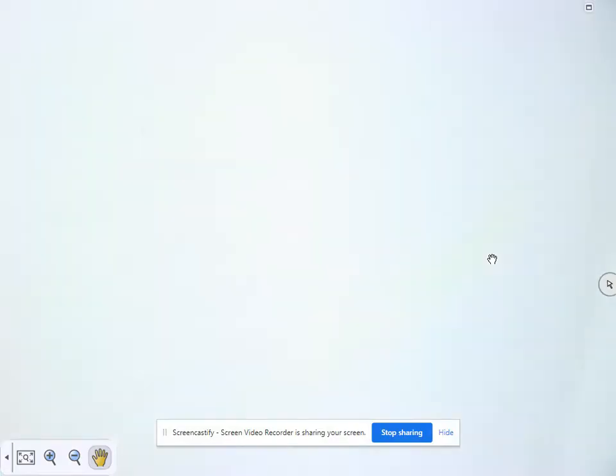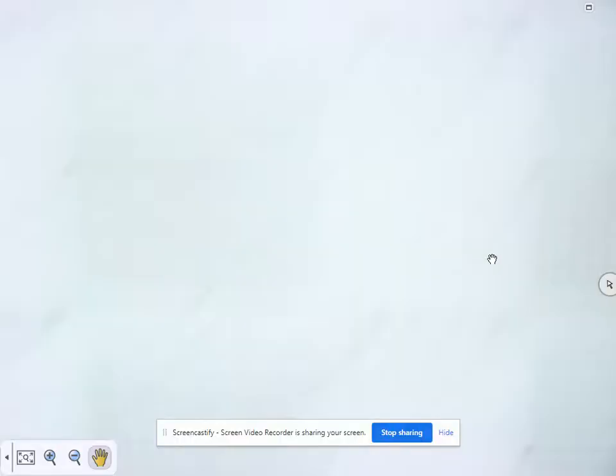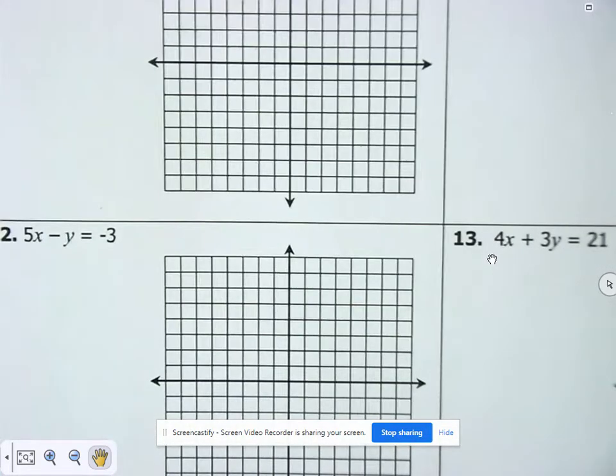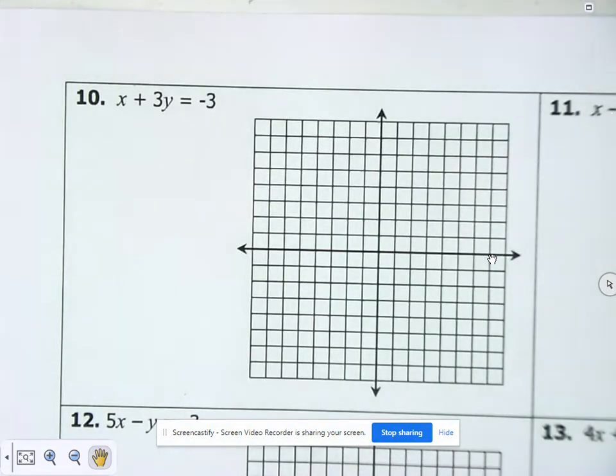All right, and we're going to do the ones that are in standard form. Okay. All right, so now the only difference here is that we've got to get it in slope-intercept form first.